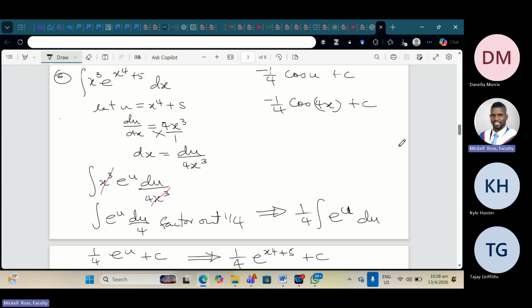Yeah, there are just different ways it can be done. Some of the integrations can only be done using u substitution, and some of them can be done using different methods. It depends on how they write the questions, and at this level, based on the course outline, that is the only way you can integrate it. All right, yes, sir.